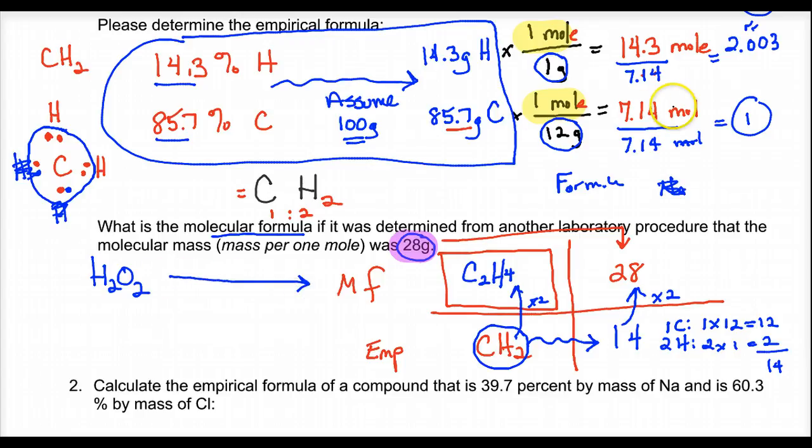If we were to do the empirical analysis laboratory technique, this would reduce down to, you guessed it, HO, the lowest ratio. This is what we would come up with in lab using percentages, because percentages always lead to whole number ratios. And with the molecular mass, we can actually get this value.